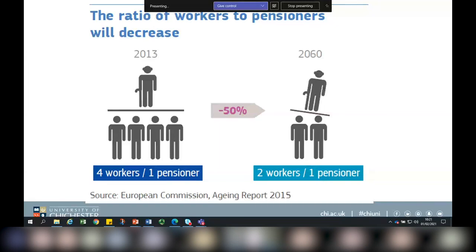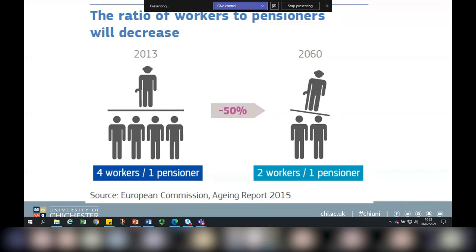So why is that going to be such a problem? Well, you've got fewer people making value for the economy and producing stuff to support the elderly. Like as you said, let's say each of those 4 people are producing £100 and you gave £50 to the elderly person, then each is giving up £12.50. If you're going to do that for just the other two, you have to pay out the full £25, because you only have half as many people supporting them.